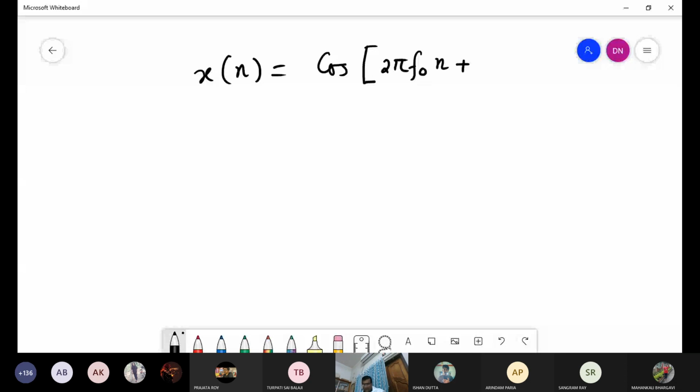Let us take it simple: you neglect theta and think that theta is equal to 0, then it will be easier for you to write a code.